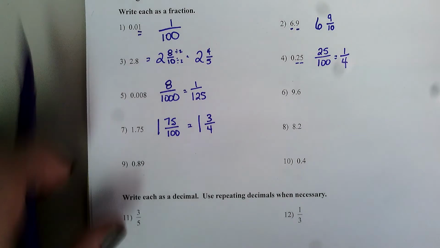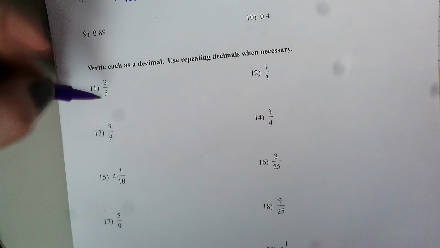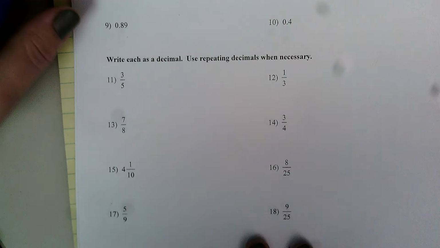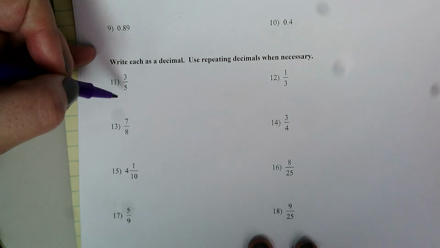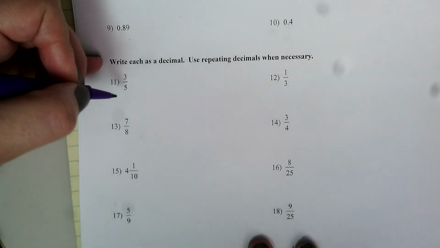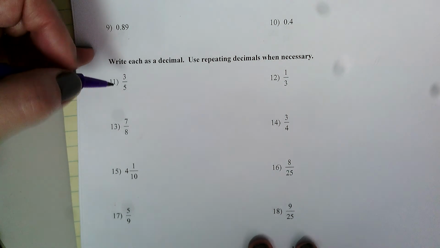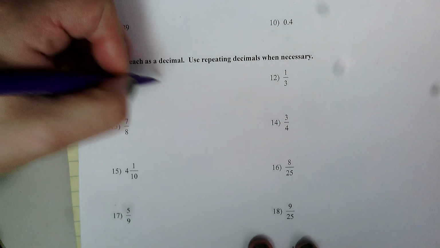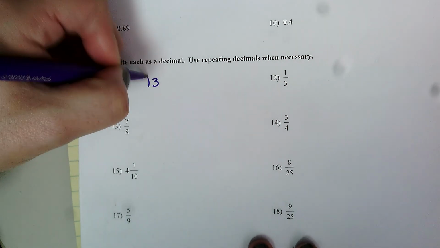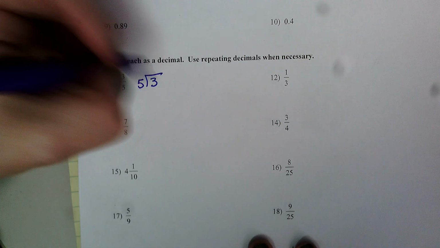Okay, so let's talk about turning a fraction into a decimal. Sorry, I keep getting my words mixed up. All right, so we have the fraction 3/5. Now you can either do long division, which is a whole skill that you were supposed to learn in 6th grade, and that's where you put the top number on the bottom and the bottom number out to the side, under the divisor.